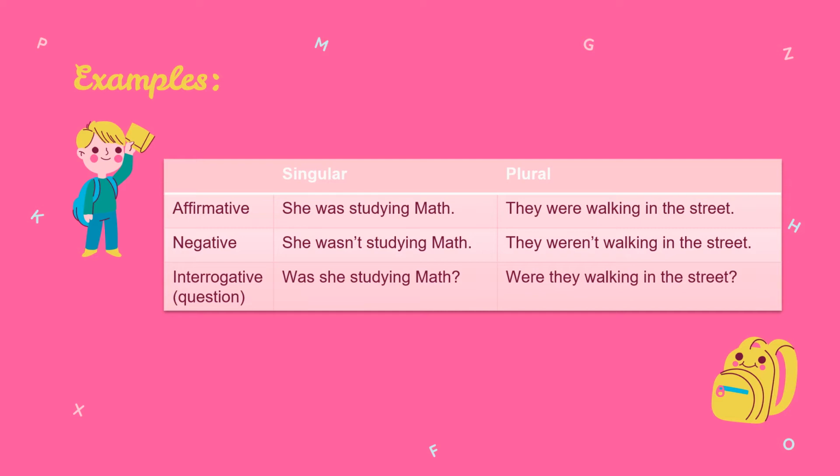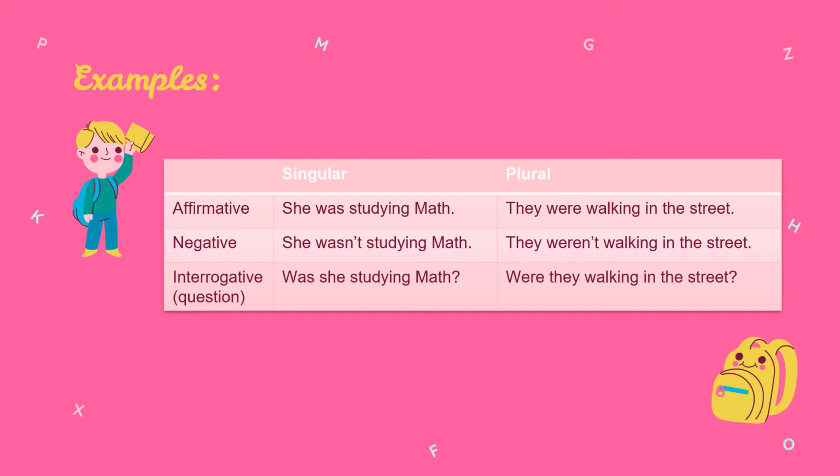Pay attention that she is singular, so I used was with the verb plus ing. I want to change the sentence into negative, which means that I want to add not to the sentence. She wasn't studying math. Was with not became wasn't, studying the verb plus ing as it is. So she was studying math, affirmative. Negative, she wasn't studying math.